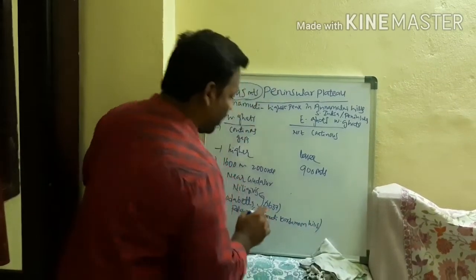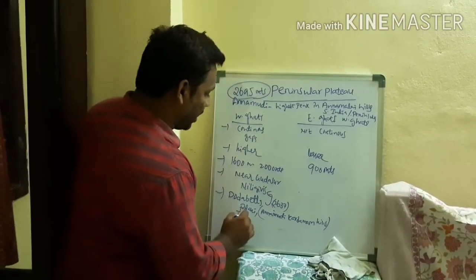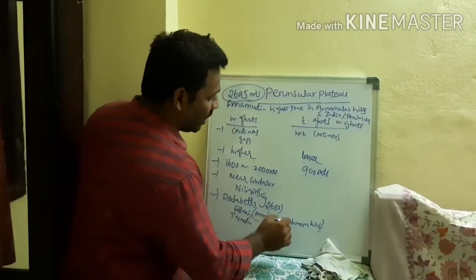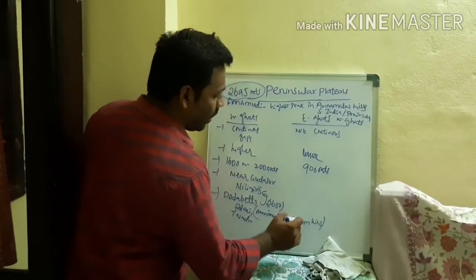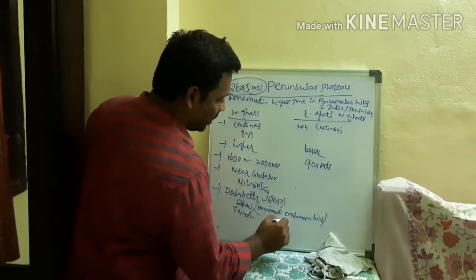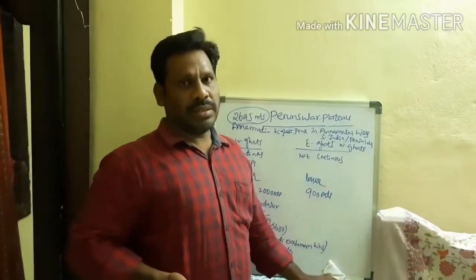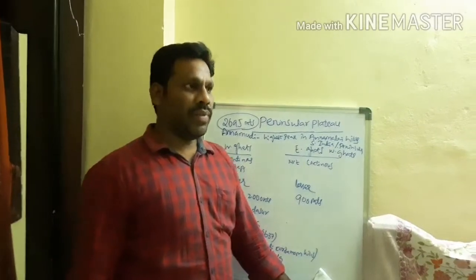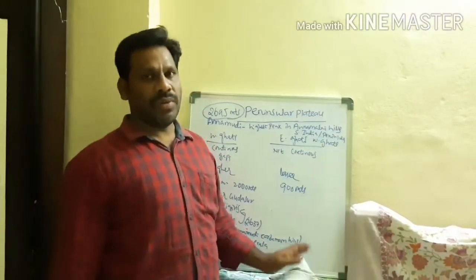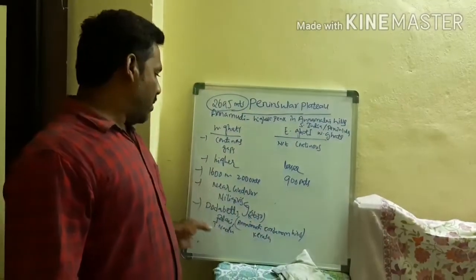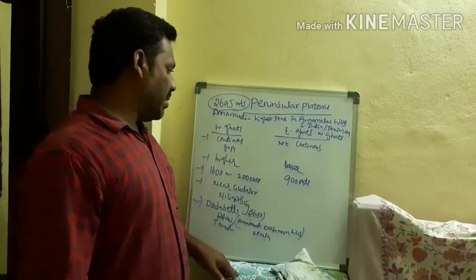Palani comes in Tamil Nadu state. Annaimudi and Cardamom Hills come under Kerala state. And we have a few others, Palakonda Hills, Seshachalam Hills, and for example Horsley Hills. These are a few hills in our country in the part of the Peninsular Plateau.